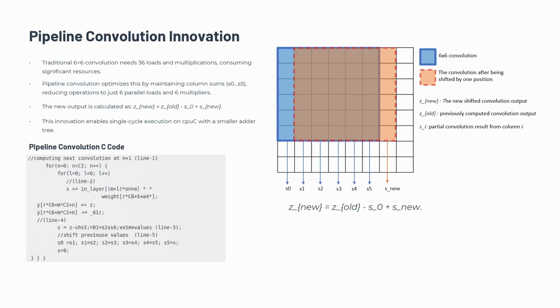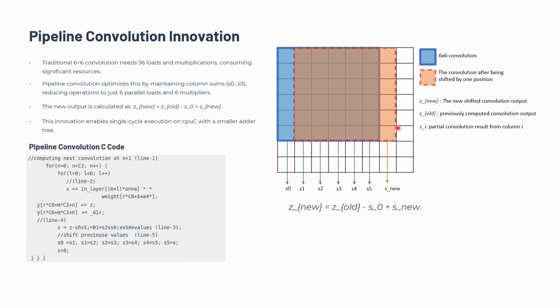If we try to fully parallelize a 6x6 convolution, we will need 36 parallel memory reads, 36 multipliers, and a large adder tree, which is not realistic for a small embedded architecture. Instead, we introduce what we call pipeline convolution. We maintain the sums of the columns, S0 to S5.